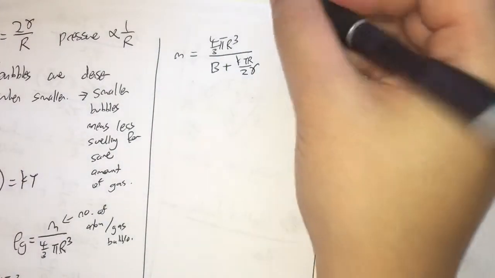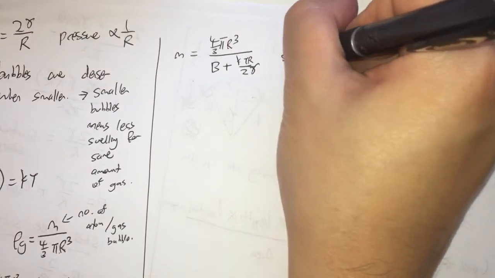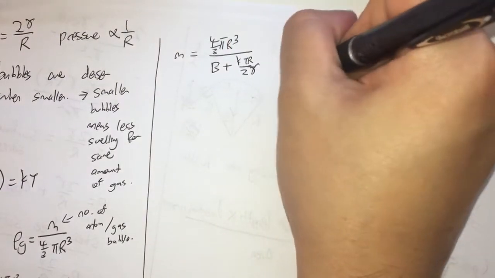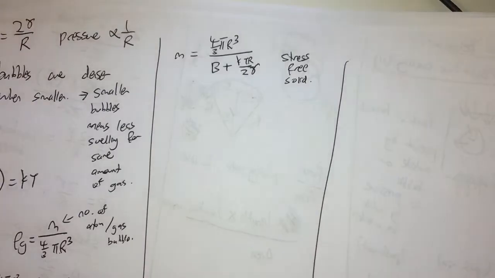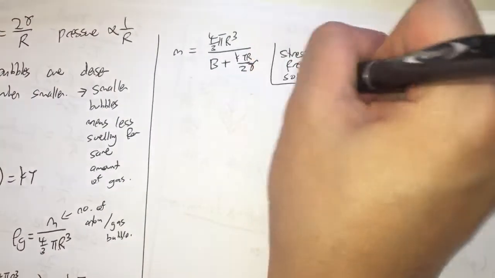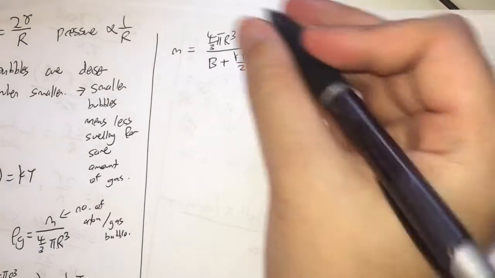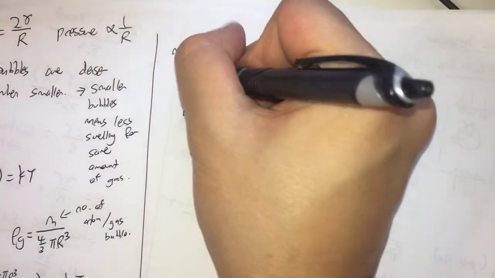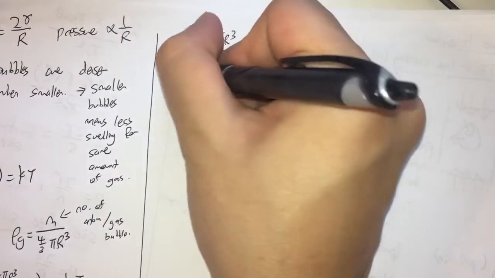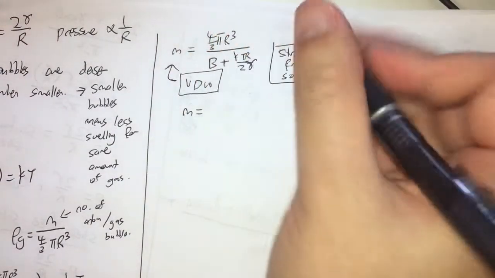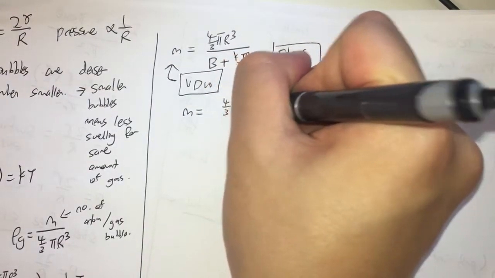Okay, so this is a stress-free solid assumption. So of course, if we were to consider the ideal gas assumption, then this is a van der Waals. Here, for the ideal gas assumption B equals 0, so we'll have this expression.